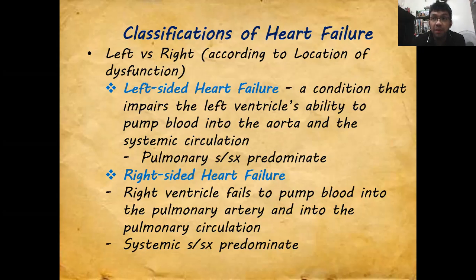Once that happens, the abdominal girth of the patient is going to increase. So you can see that the patient's abdomen is enlarged. That's one of the signs of right-sided heart failure as well, because of the pooling of fluid that has been leaking from the patient's liver.